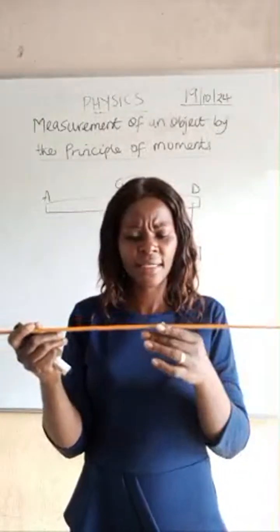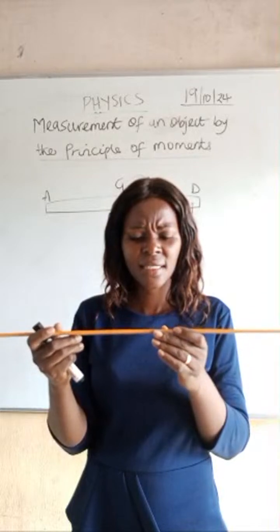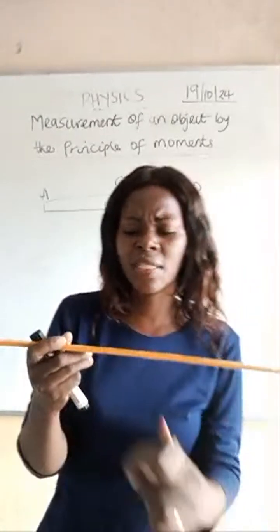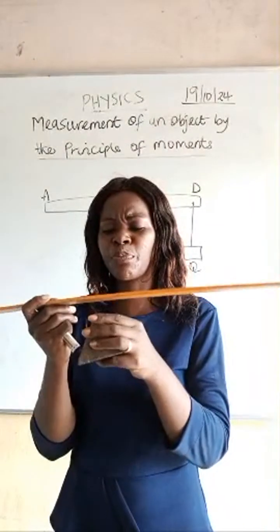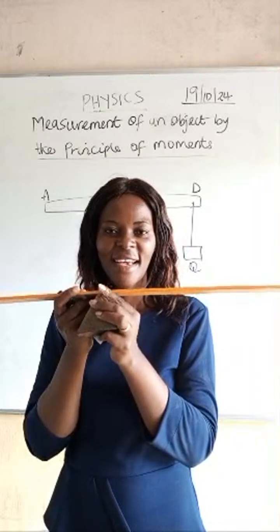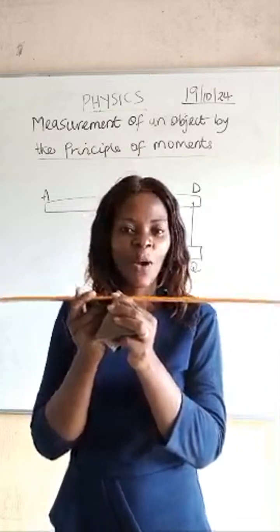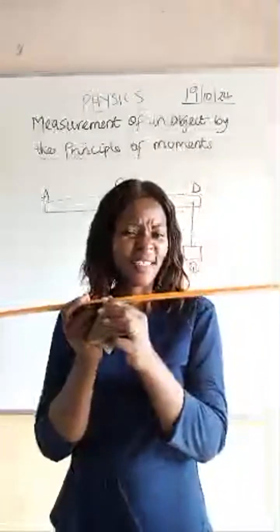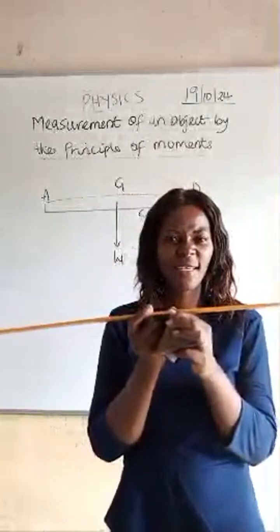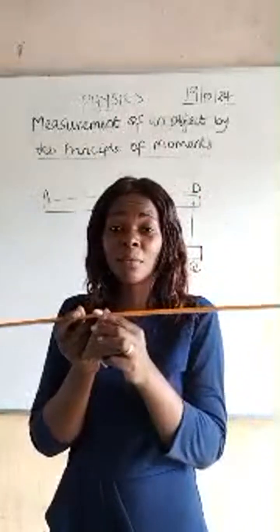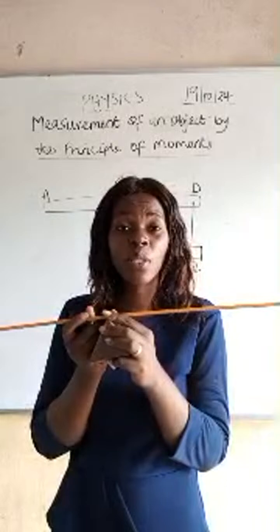But then, you now realize that this meter rule, instead of being pivoted at 50, they now put the pivot at 40. And the question says, what is the mass of the meter rule? That kind of question, how can you answer it? But you already know that the midpoint of this meter rule is 50.